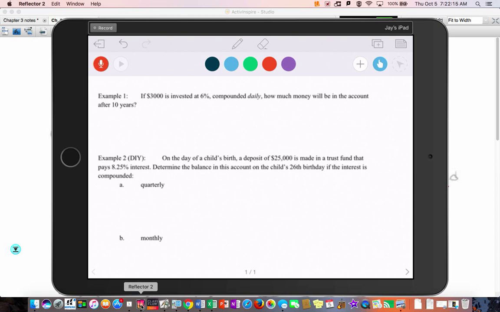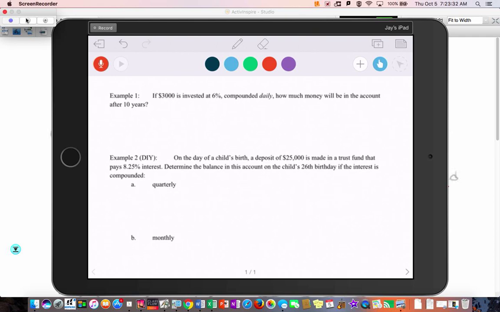If $3,000 is invested at 6% compounded daily, what's going on? So I can use my A equals 3,000, 1 plus the 0.06.